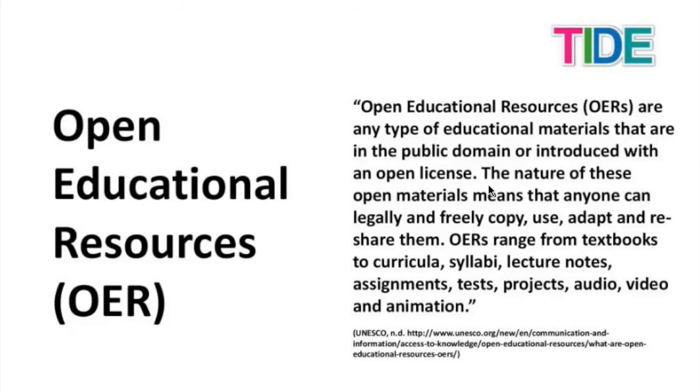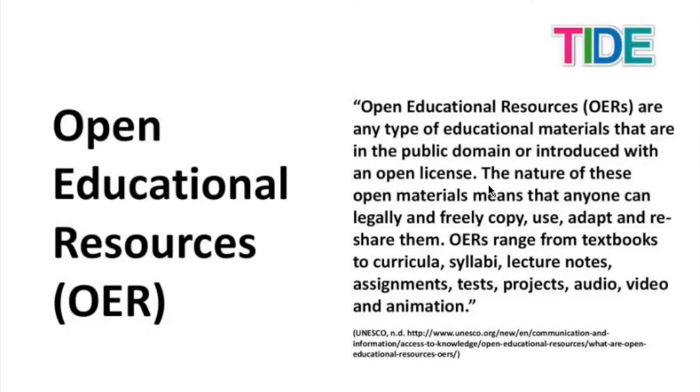So open educational resources are a type of openly licensed resource. This is the UNESCO definition of OER, and it refers to any type of educational material. That could be curricula, your notes, textbooks, audio, video, anything.